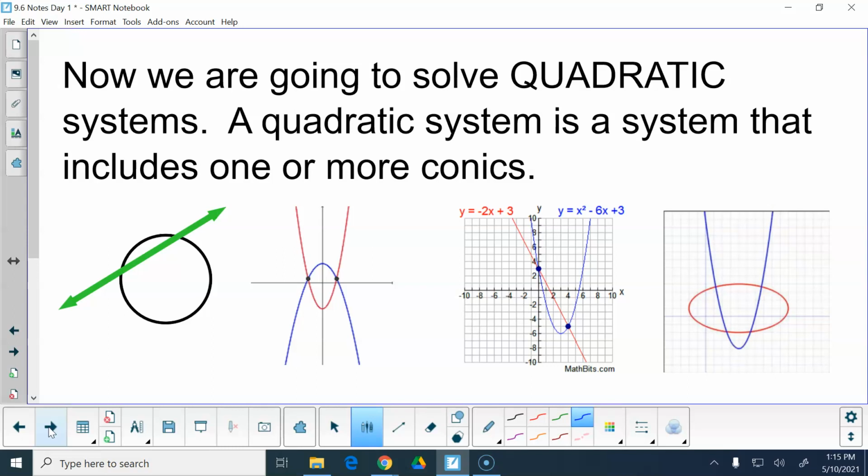So you're going to have a circle, parabola, ellipse, or hyperbola as one of your equations. The other equation is going to be either another conic or a line. One of the two. Okay? So that's what we're going to have, starting today.